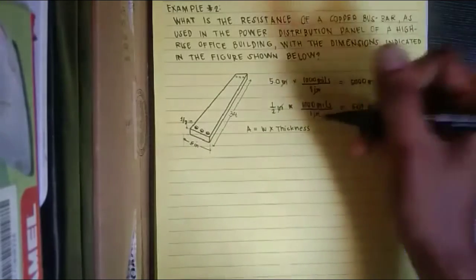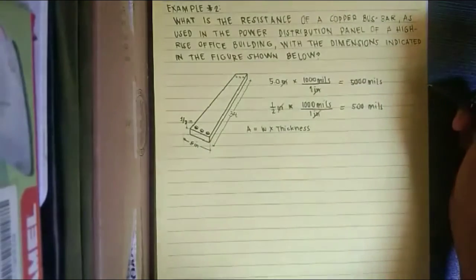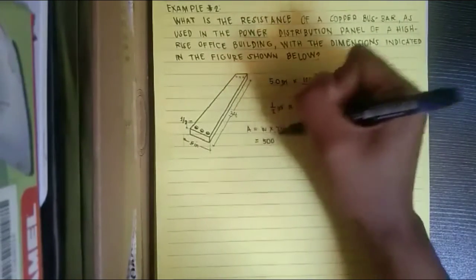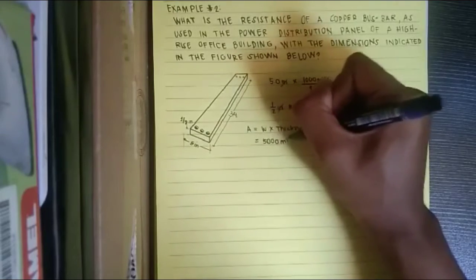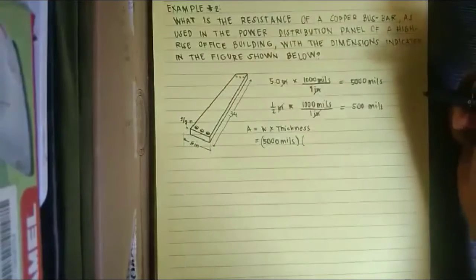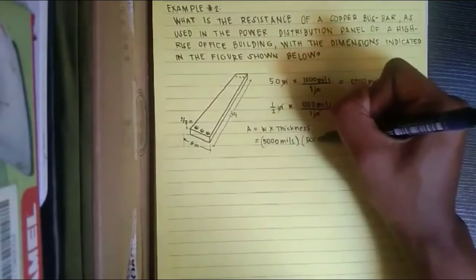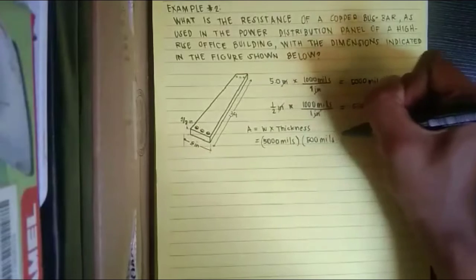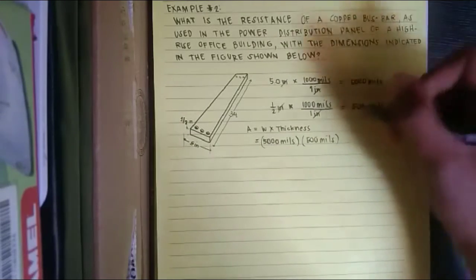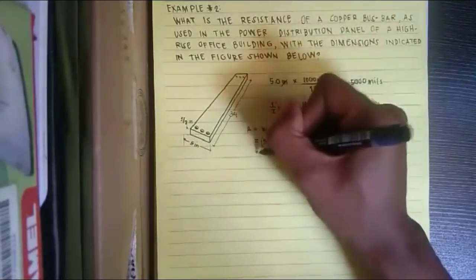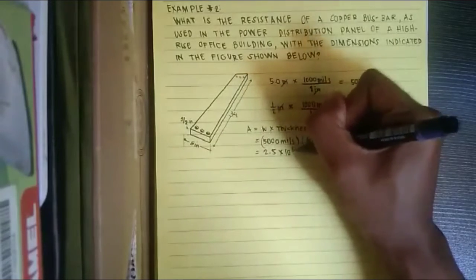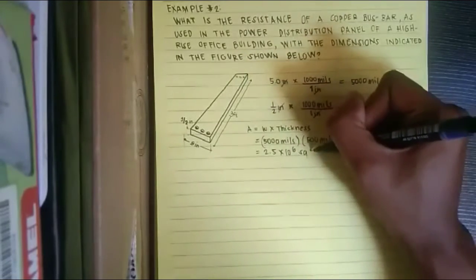Substitute lang natin yung width na 5,000 mils times with thickness na 500 mils. Makukuha nating sagot is 2.5 times 10 raised to 6 square mils.